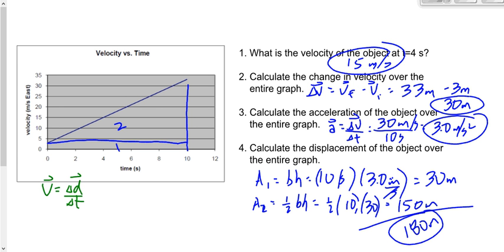It's a group B problem, really, because it's acceleration. But if we're looking for the average, then we go back to our average constant velocity question. My displacement is 180 meters. My time is 10 seconds. My average velocity would be 18 meters per second.